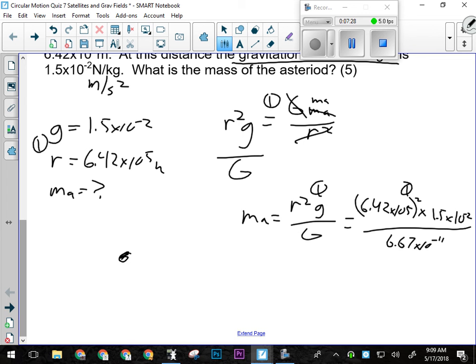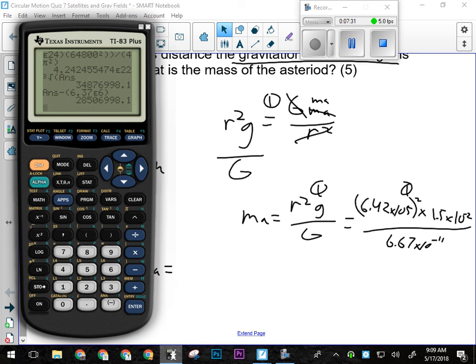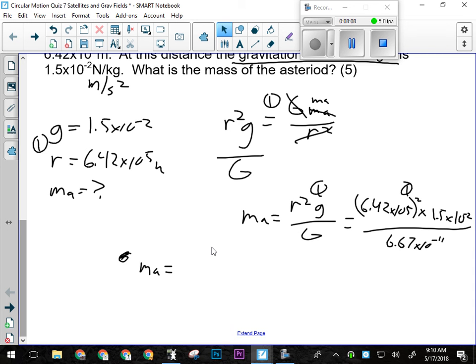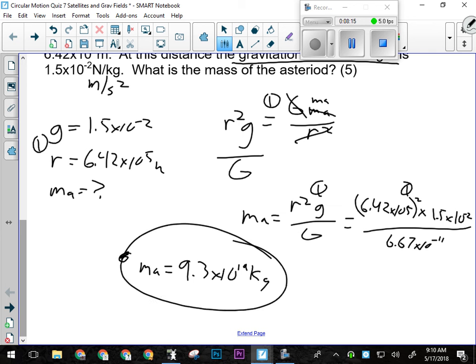And then our mass of the asteroid is going to be 9.3 times 10 to the 19 kilograms. Fifth and final mark.